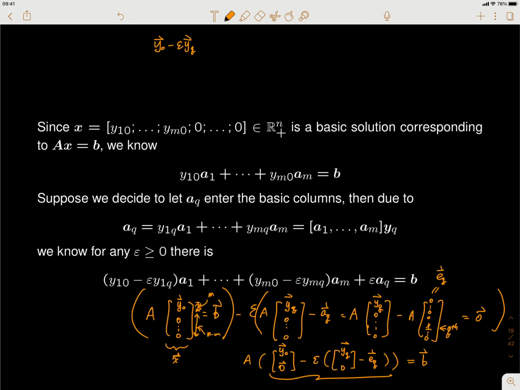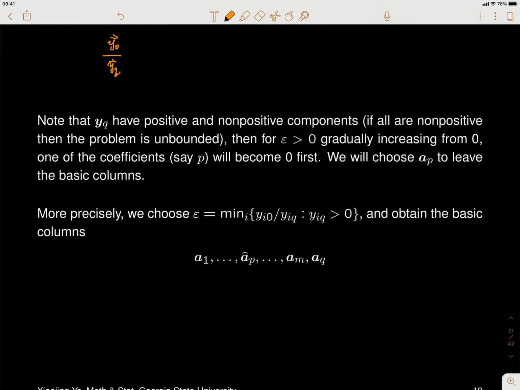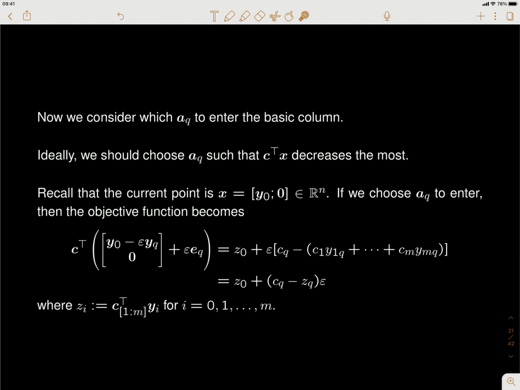Remember that these two y vectors are both m-dimensional vectors. And then I still have the 0 vector, and I also add epsilon times eq. eq is an n-dimensional vector, so both are n-dimensional vectors. I need to multiply the cost vector c to this. That will be my new function value.